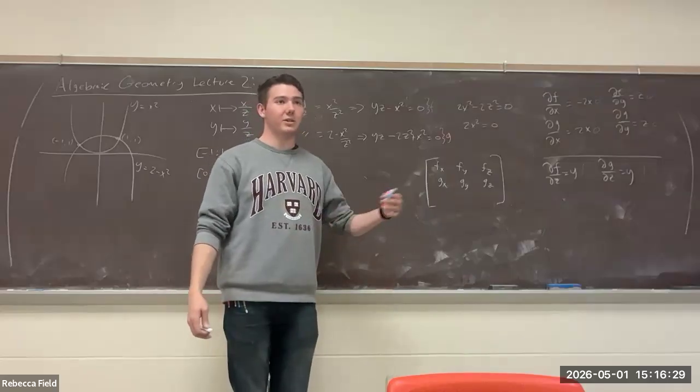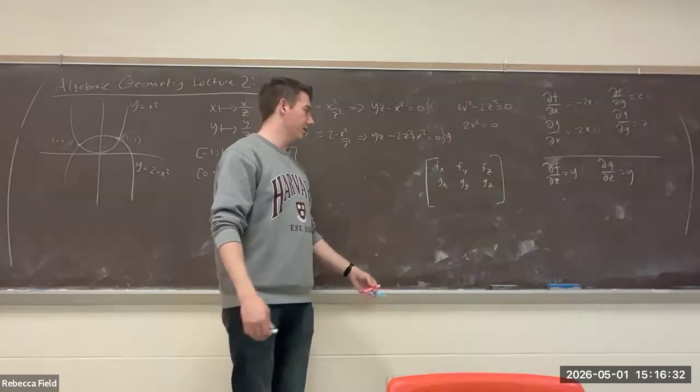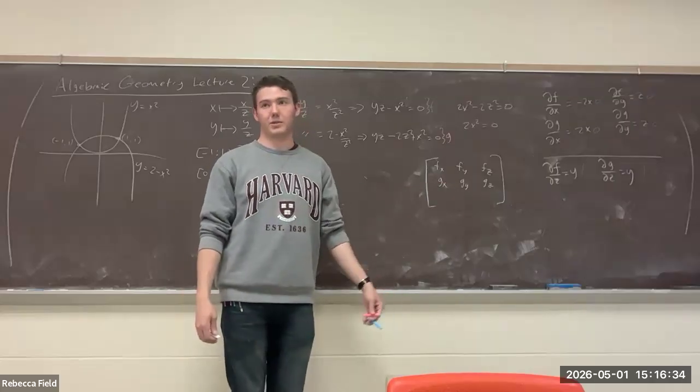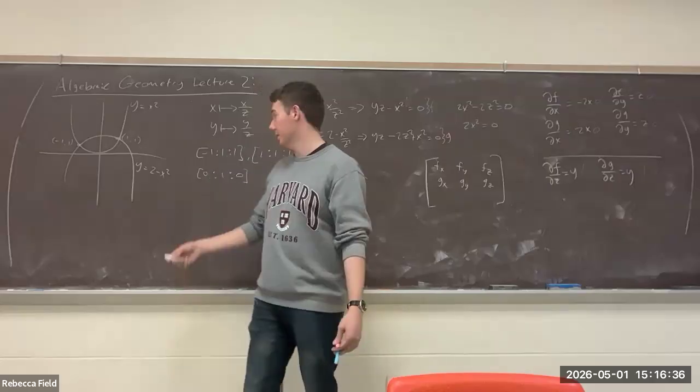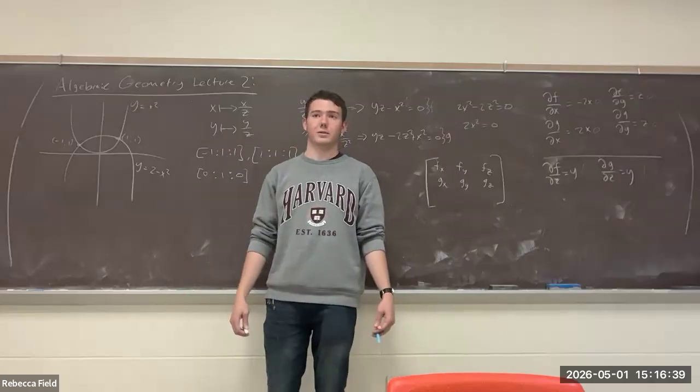And we're going to define the dimension of the tangent space at a point to be the codimension of this matrix. So the multiplicity at 0, 1, 0 is 2.